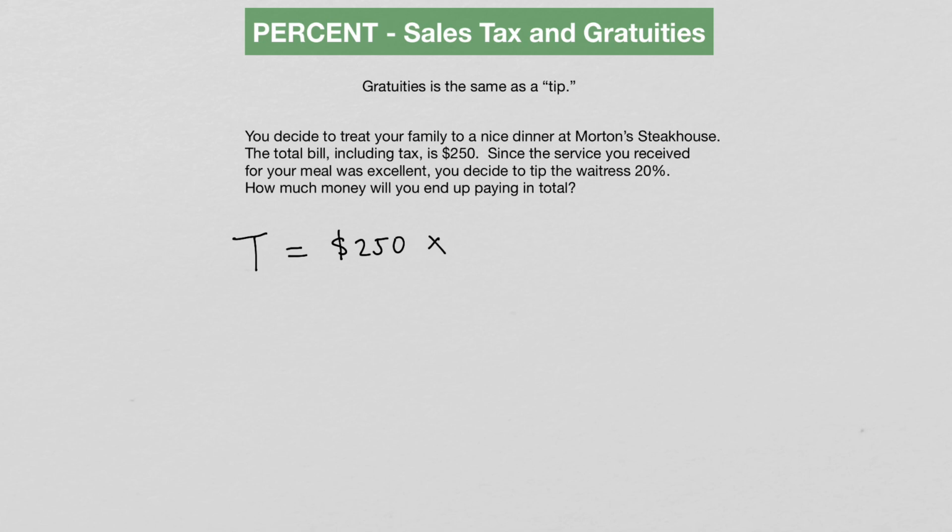This time we're going to multiply by 1.20. So it's the 100% plus the 20%, which gives us the 120%. And we convert that into a decimal, and that's 1.2. Once you multiply this out, this will come out to $300.